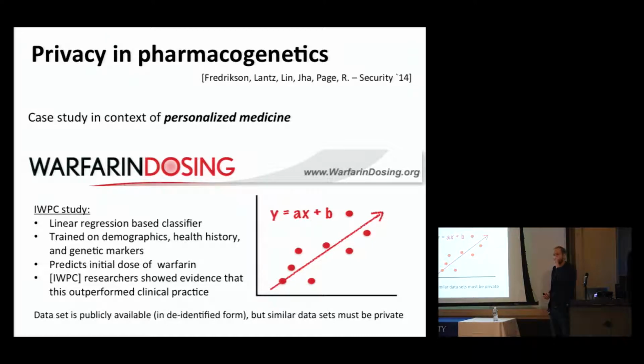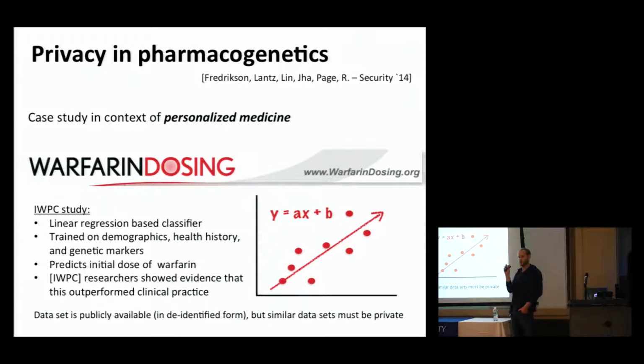To clarify, when it says predicts initial dose of warfarin, you mean predicts the correct dose of warfarin? No, the initial dose of warfarin. In the regimes that they're suggesting for use, they're just limiting attention to trying to predict the starting dosage. In the current clinical practice, you get 10 milligrams of warfarin the first time your doctor decides you should go on warfarin, and then you go back in every 2 days.